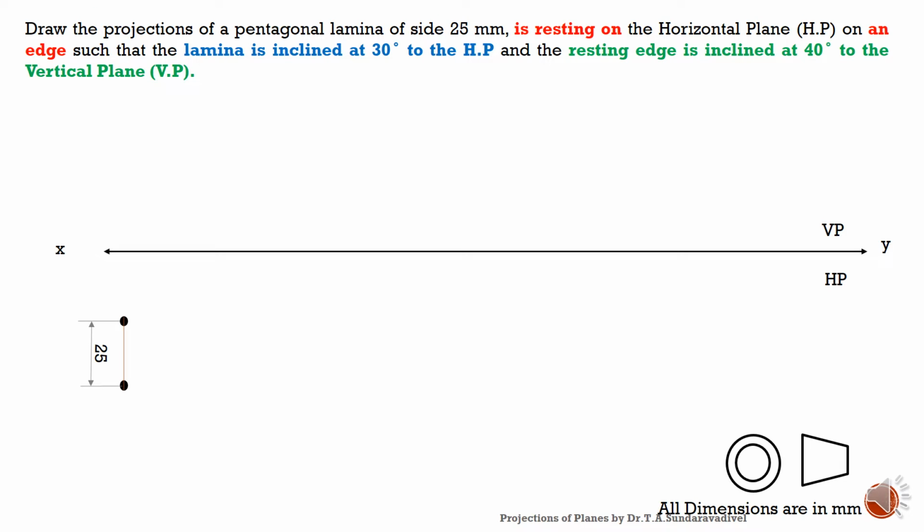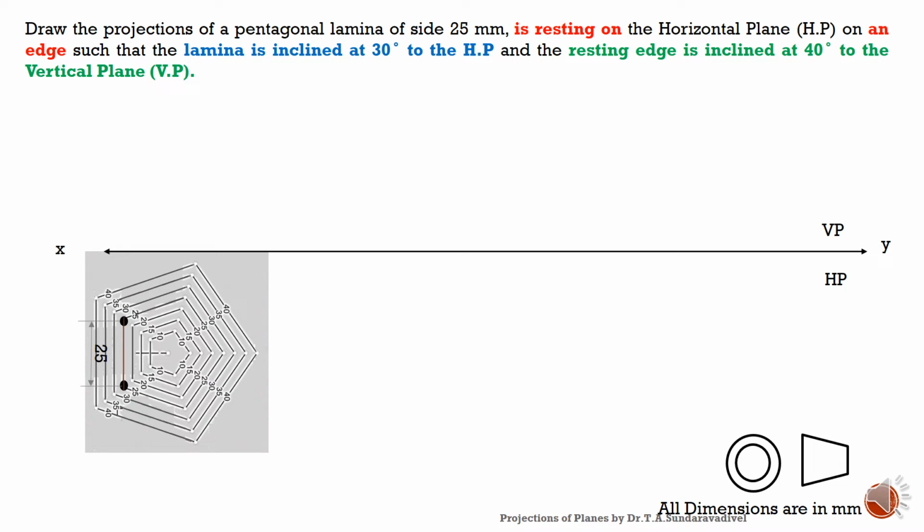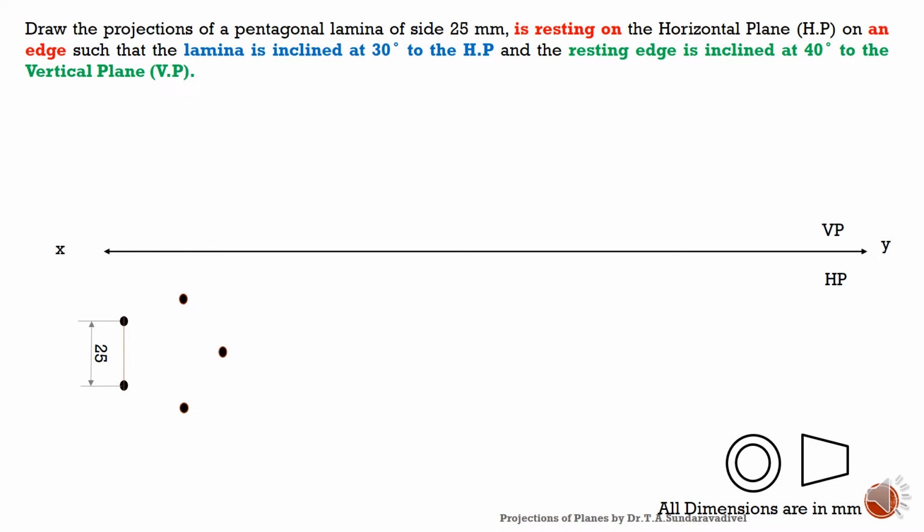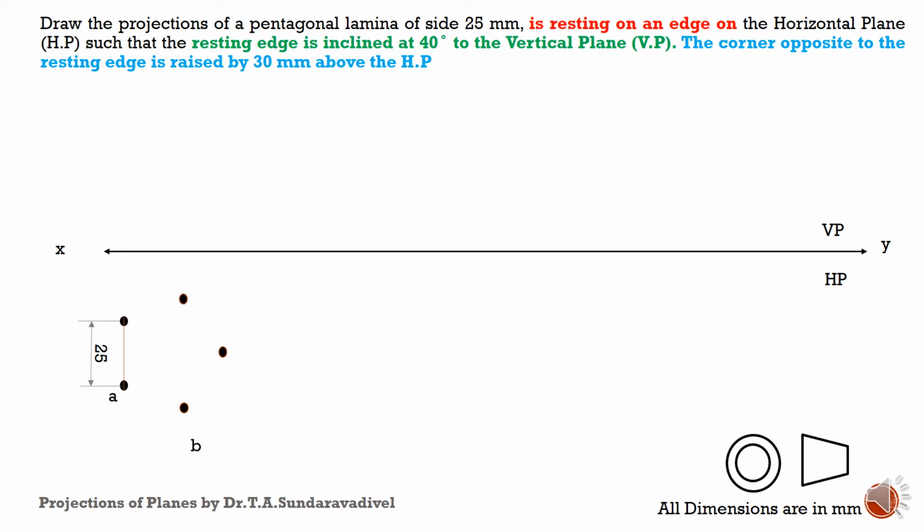Then I am keeping the pentagon template like this, and getting the other 3 points. Then naming those points A, B, C, D, E, and joining those points using lines.